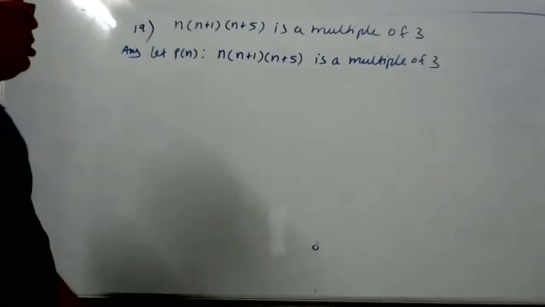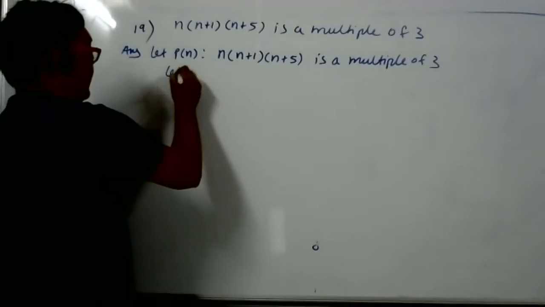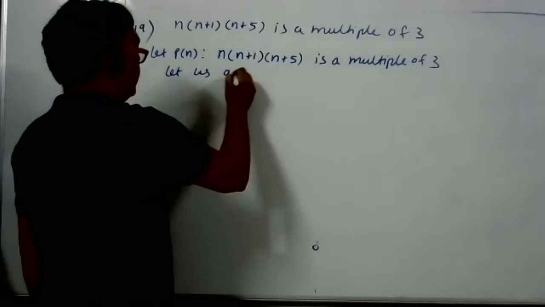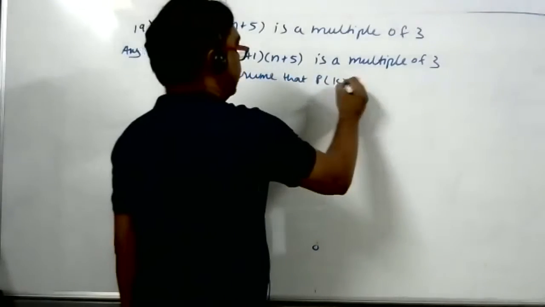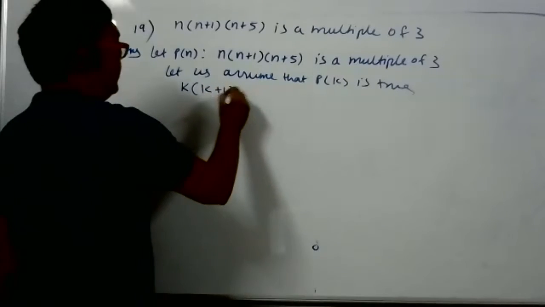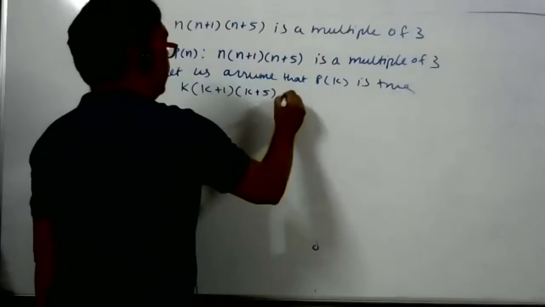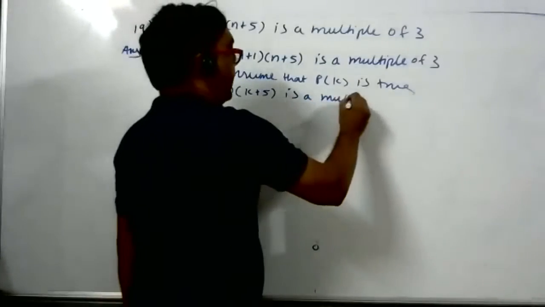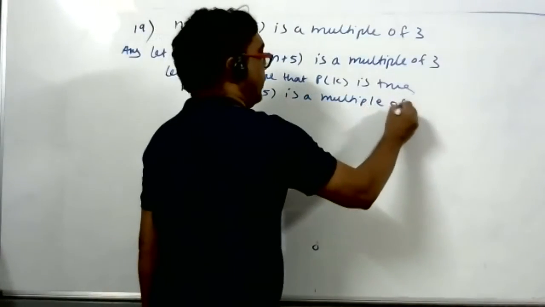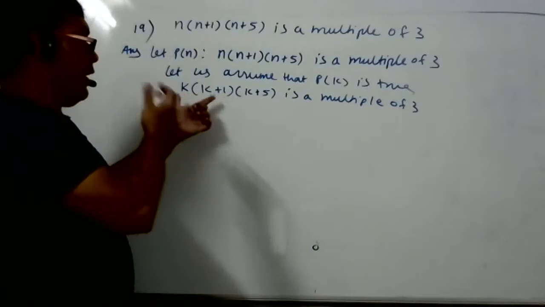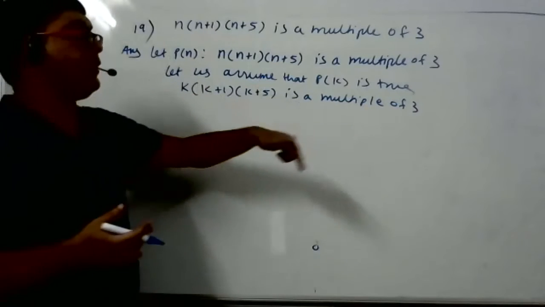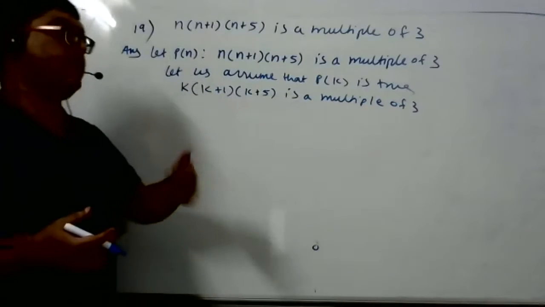So now what we can do, let us assume that P of k is true. K into K plus 1, K plus 5 is a multiple of 3, which means it is divisible by 3.